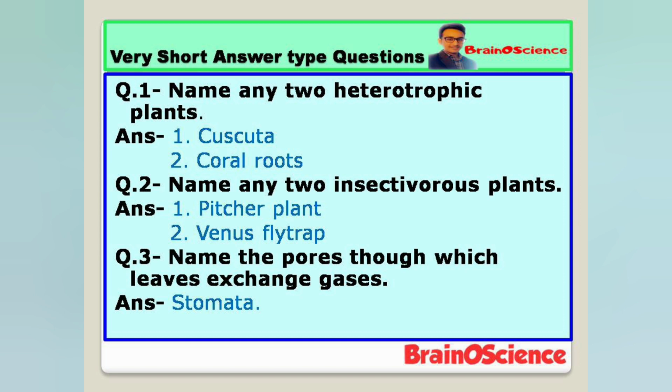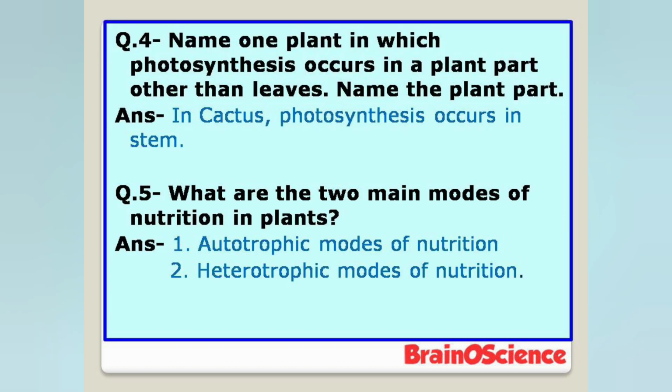Question number 3: name the pores through which leaf exchange gases. Answer is stomata. Question number 4: name one plant in which photosynthesis occurs in a plant part other than leaves. Name the plant part. Answer is cactus. Photosynthesis occurs in the stem.